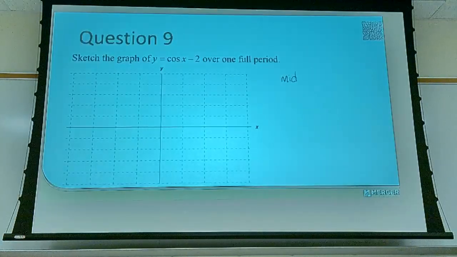Cosine of x minus 2. Sinusoidal, so we have a midline. What's the midline here? 0? No, it's -2, because it's cosine of x minus 2.